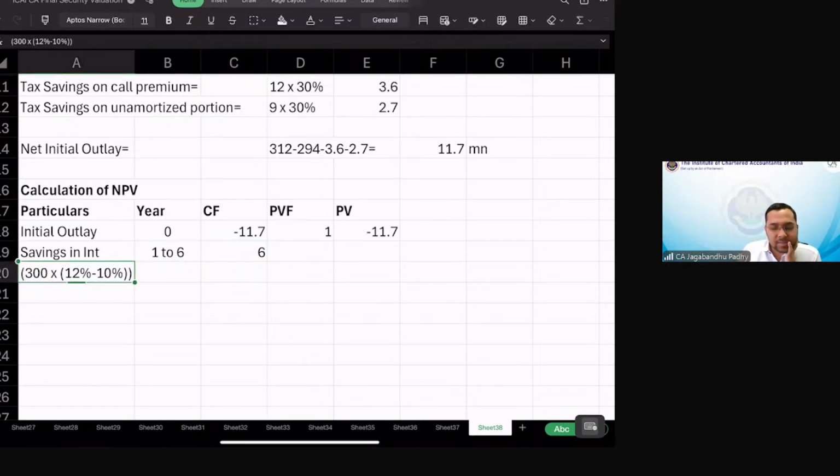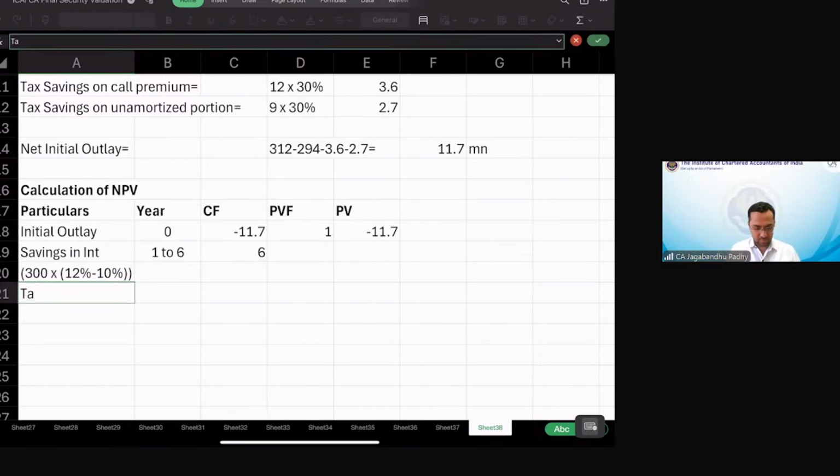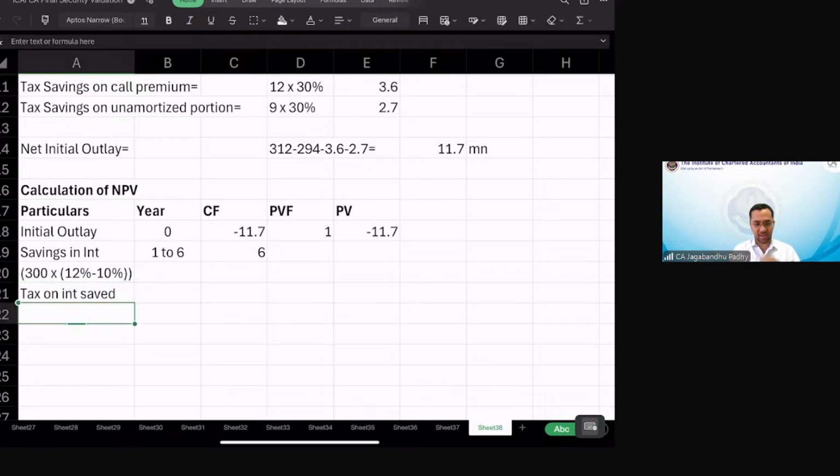Then what other things are going to happen? Obviously, since your savings is happening in interest, we need to pay tax on the interest saved.